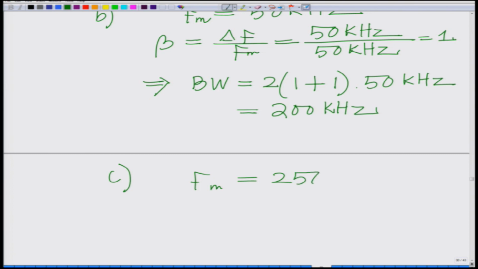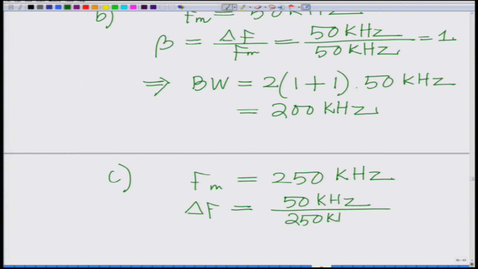So, delta F is basically 50 kilohertz, divided by 250 kilohertz, and that is your beta, or basically your modulation index. Beta is equal to 50 kilohertz by 250 kilohertz, and that is equal to 0.2, which is less than 1.